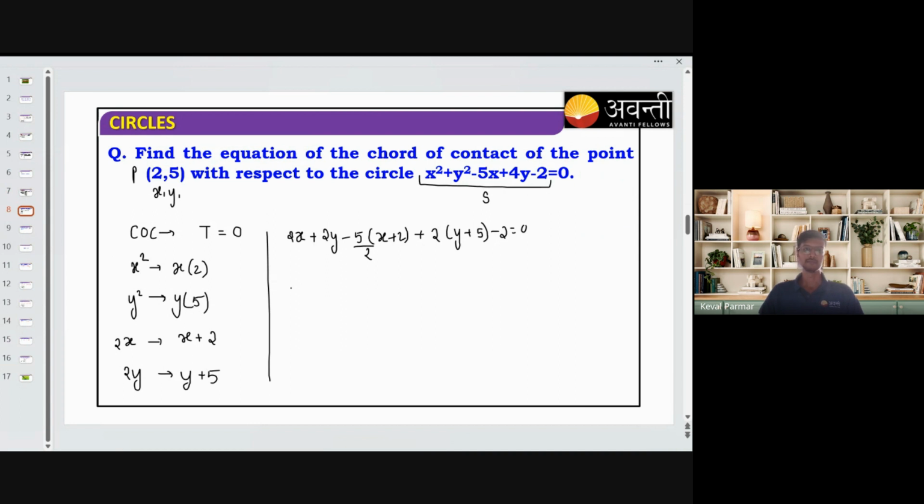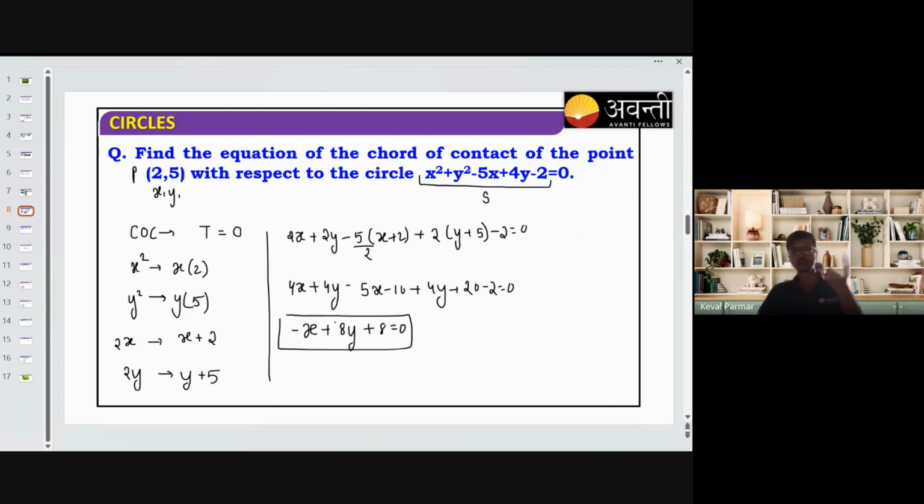Now we can take the LCM, so I'll get 4x plus 4y minus 5x minus 10 plus 4y plus 20 minus 2 equals 0. If we group 4x minus 5x, it will be minus x plus 8y, and then 10 minus 2 plus 8 equals 0. This is the equation of the chord of contact. So simple, guys, right?